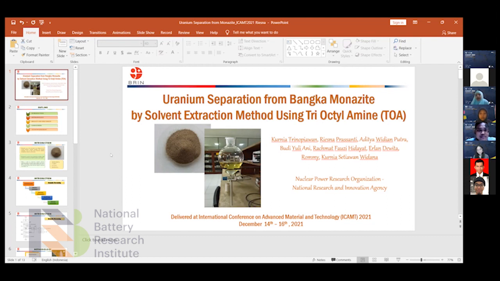We have a pilot plant in our PTBGN, a pilot plant for processing monazite to REE hydroxide and uranium separation by solvent extraction.